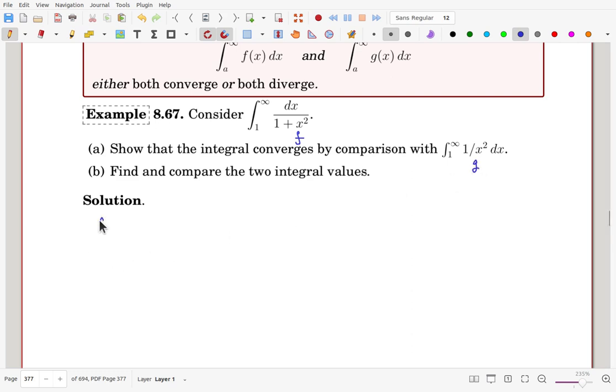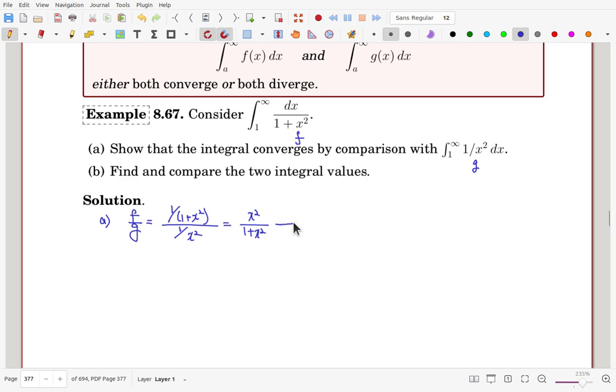Then for part A, f over g is the same as, the top is 1 over 1 plus x squared, and the bottom is 1 over x squared. So that is the same as x squared over 1 plus x squared, right?